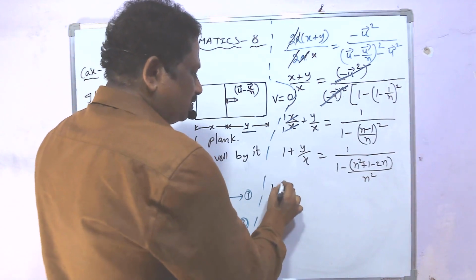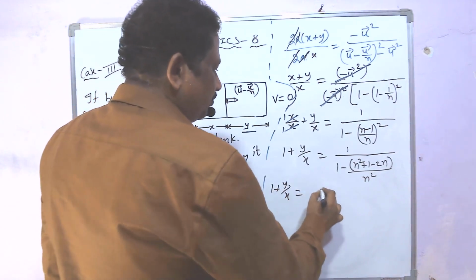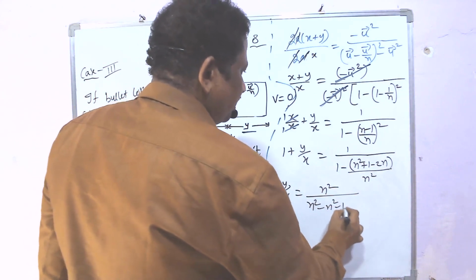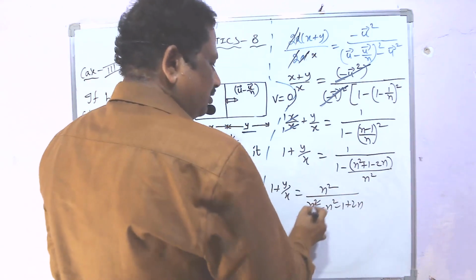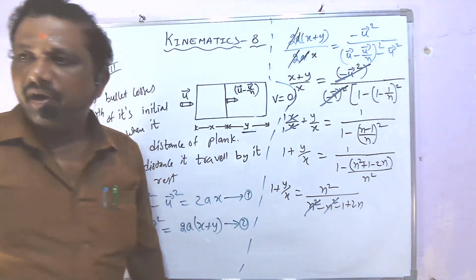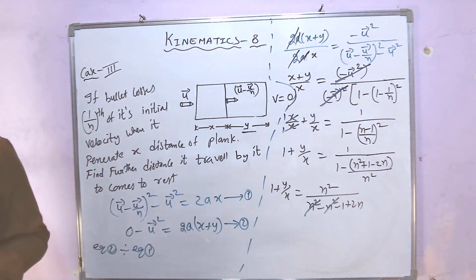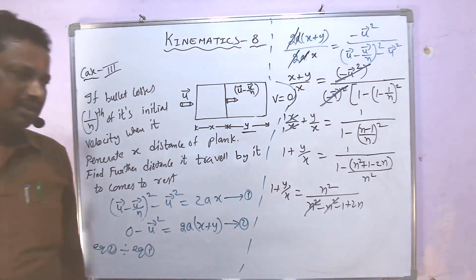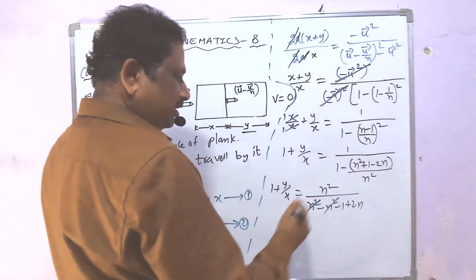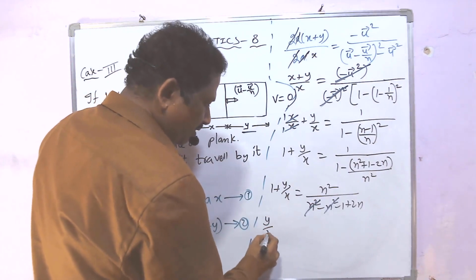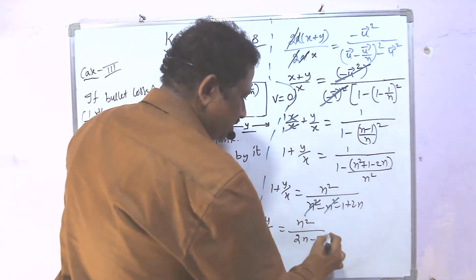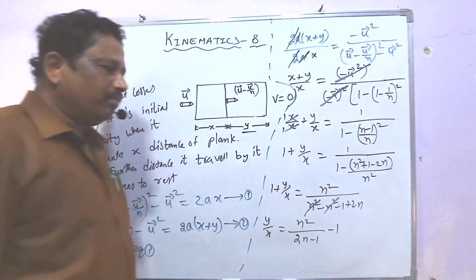So 1 plus y by x is equal to n square divided by n square minus 1 plus 2n, this plus n square minus n square gets cancelled. So what is left? Sending this one to that side, y by x is equal to n square by 2n minus 1, plus 1 becomes minus 1.